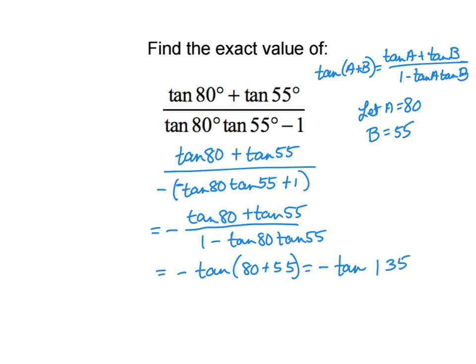Now I've got to remember my unit circle. At 135 degrees, my coordinates are negative root 2 over 2, comma root 2 over 2. So tangent of 135 would be y over x, so that's negative 1 there. So this is negative of negative 1, or just 1.